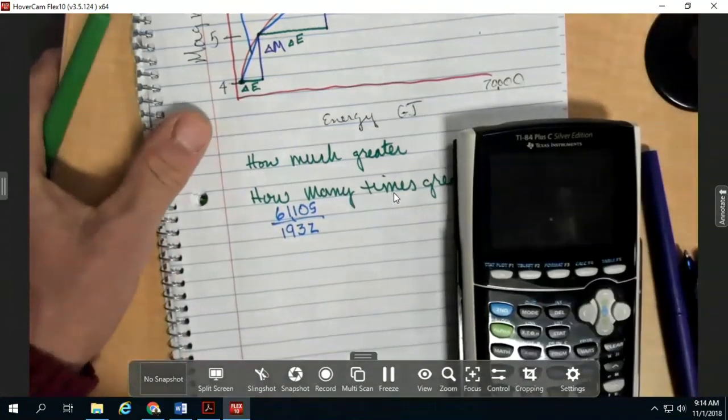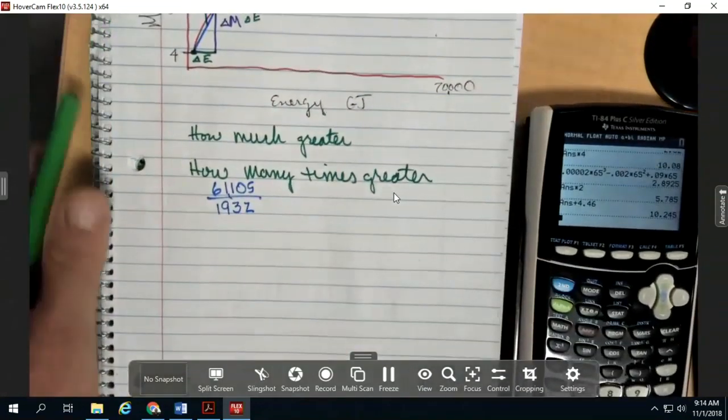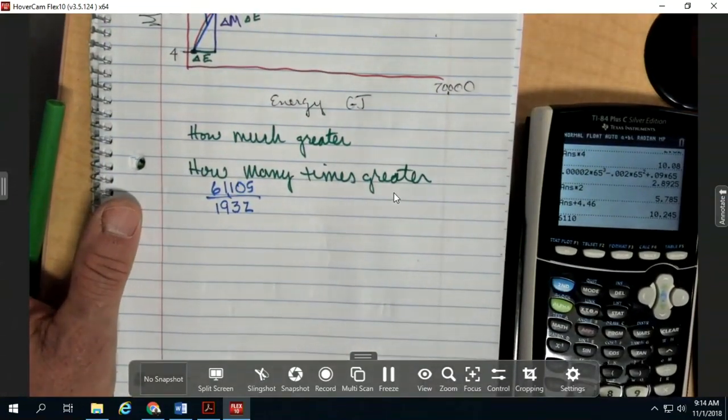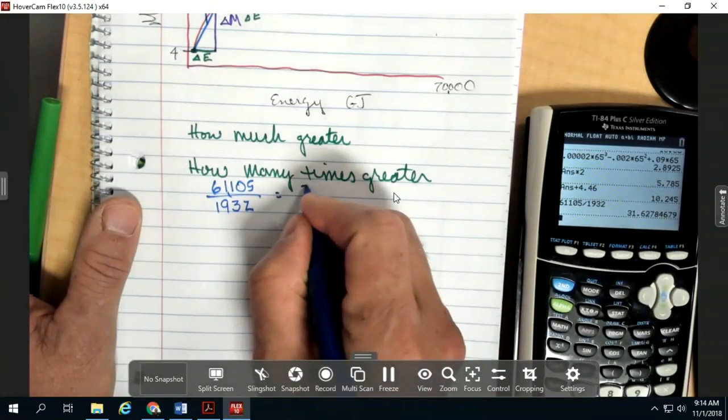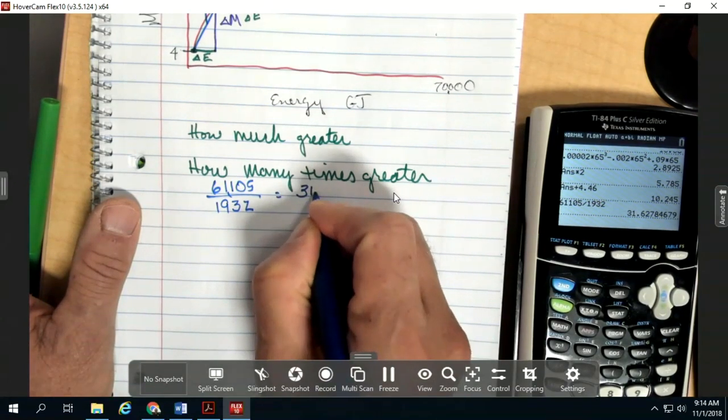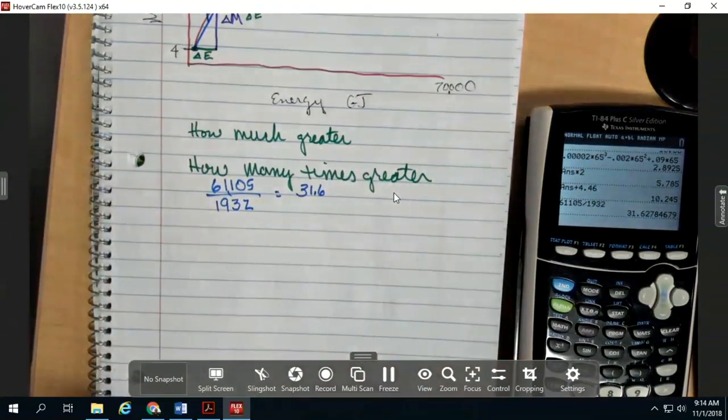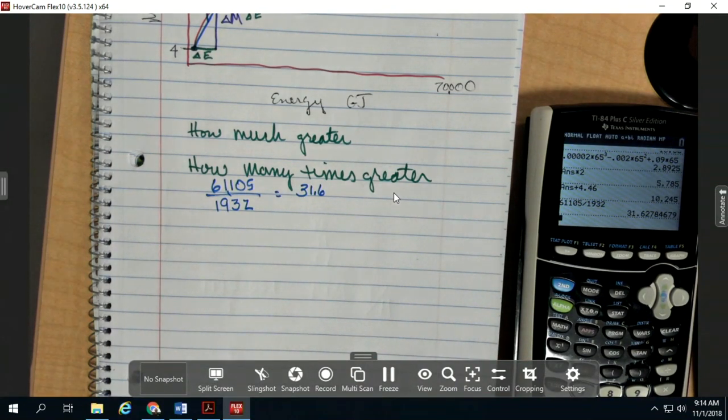And when we do that math, divided by 1932, it is 31.6 times greater. So I said 10 times as much. It's actually closer to 30 times as much, isn't it?